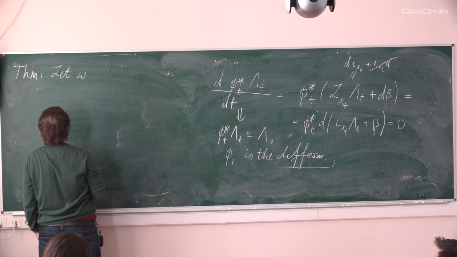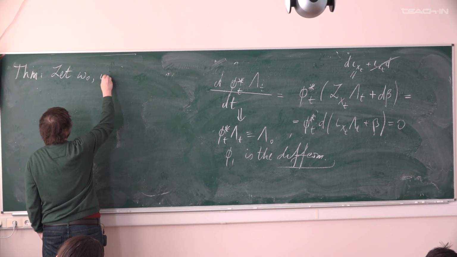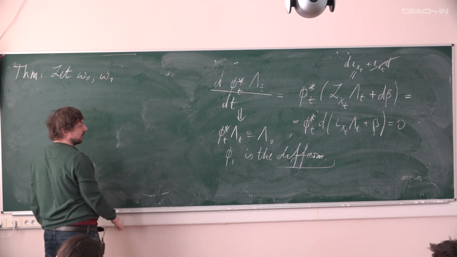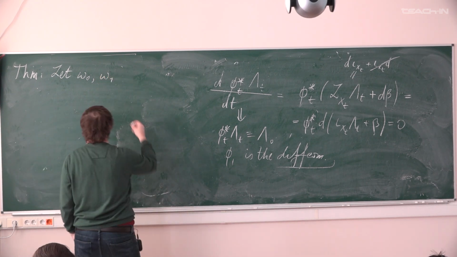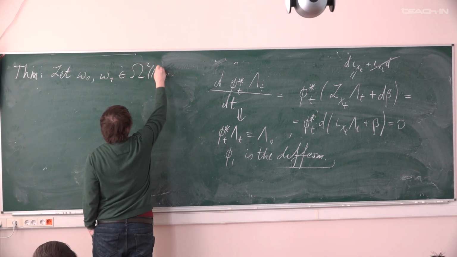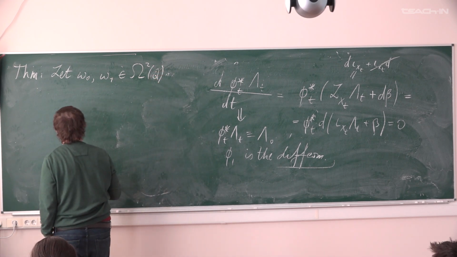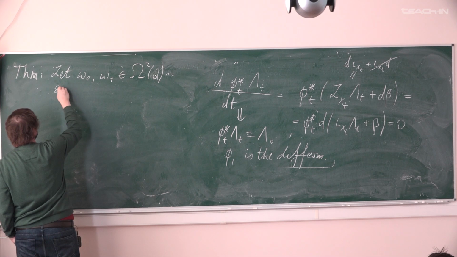I begin with the following observation. So we have two forms, omega 0 and omega 1, on Q. Two symplectic forms.